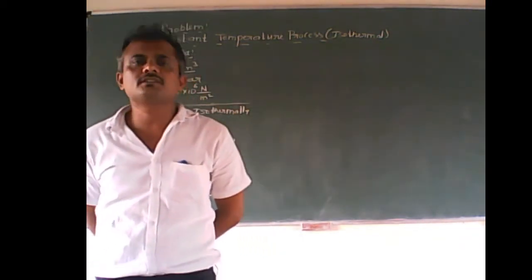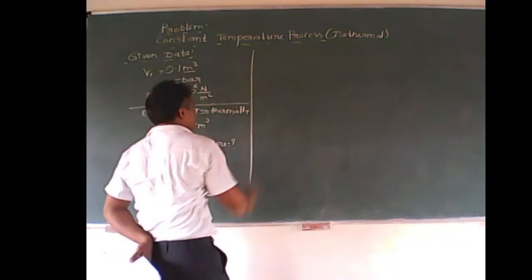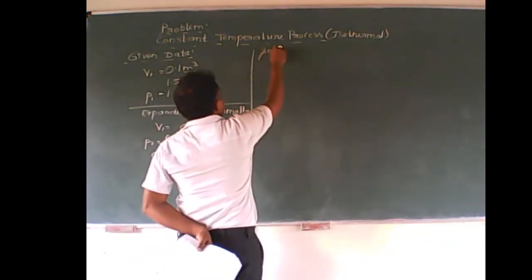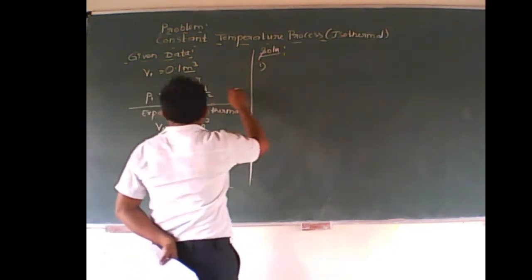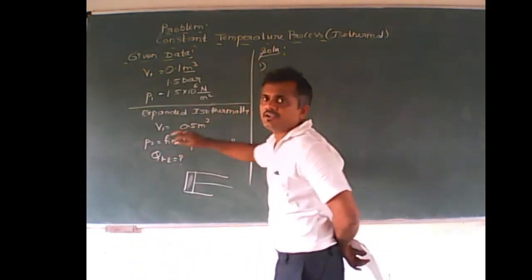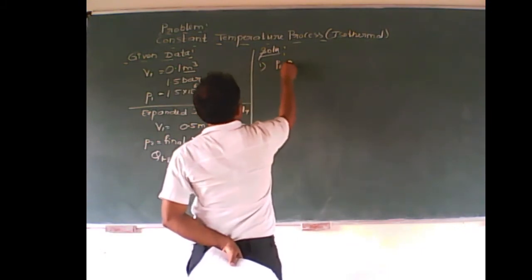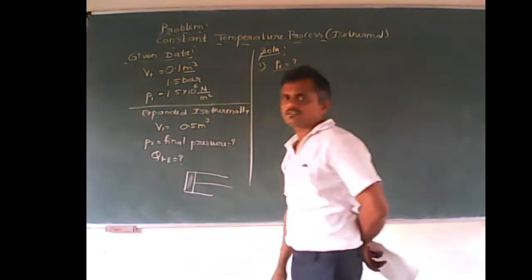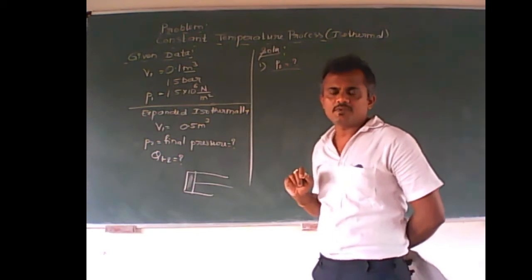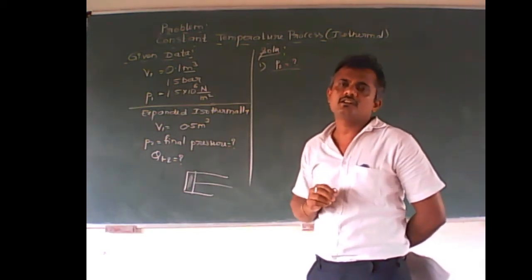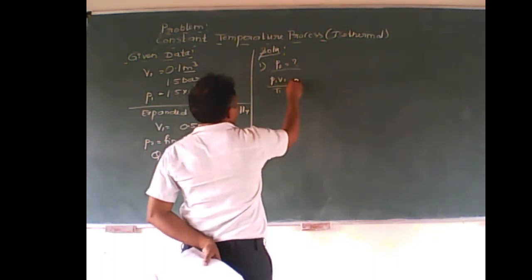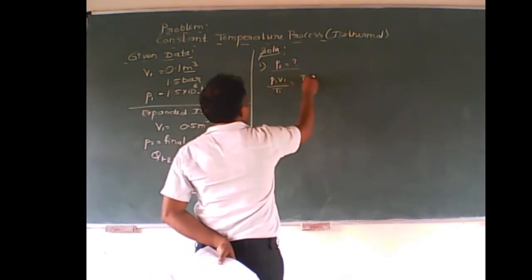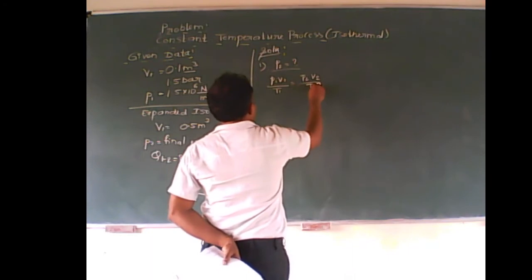For that purpose, I can go to the next part, that is the solution. In the solution, first we have to calculate what is required here. P2 is required, correct? P2 is unknown to us. How can we calculate this P2? As you know, the general gas equation is P1 V1 by T1 is equal to P2 V2 by T2.